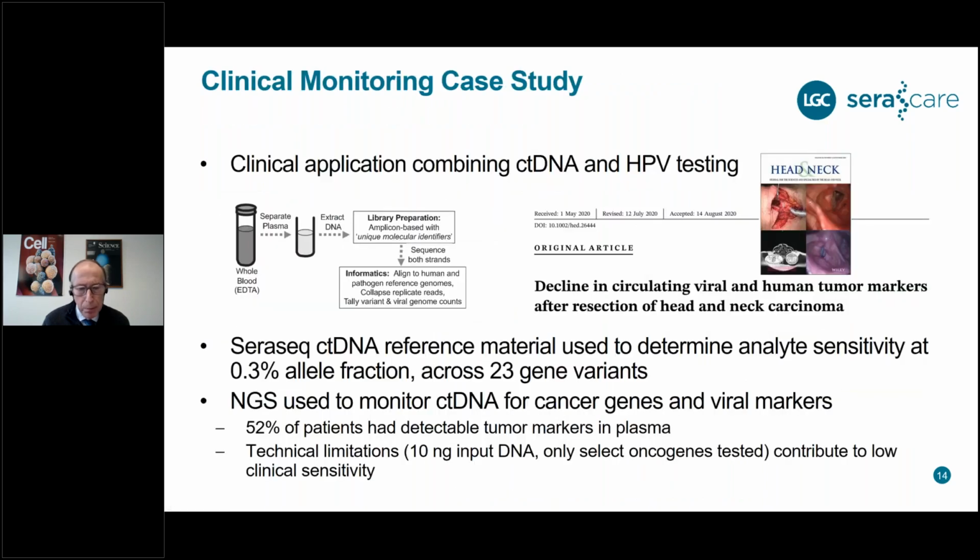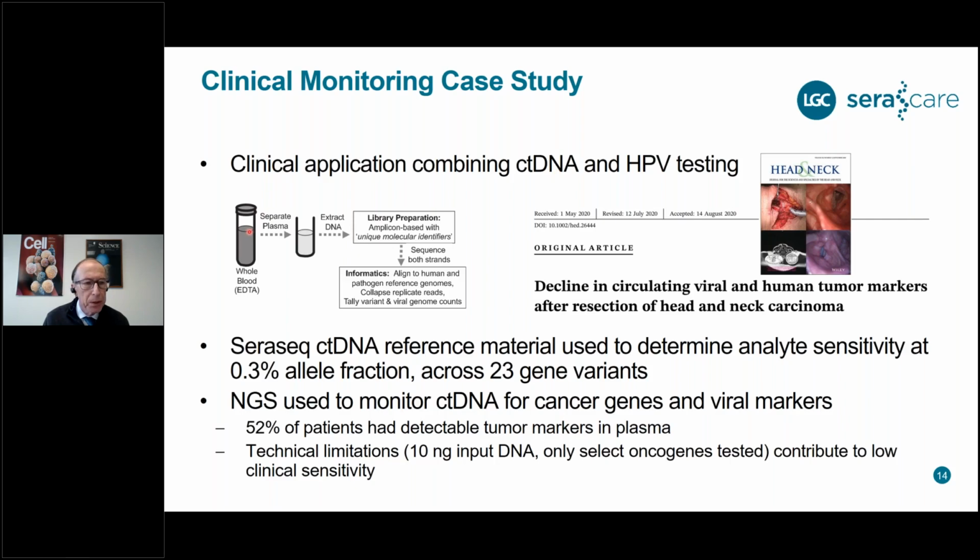Here's a paper published this past year that talks about another clinical application, and our materials were used to help validate the limits of detection. This study was published in Head and Neck Cancer. It's a clinical application combining ctDNA testing with HPV testing, both markers found in circulating plasma.